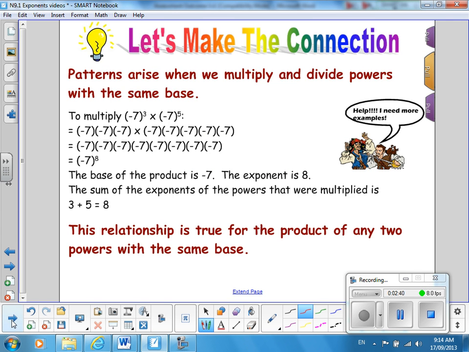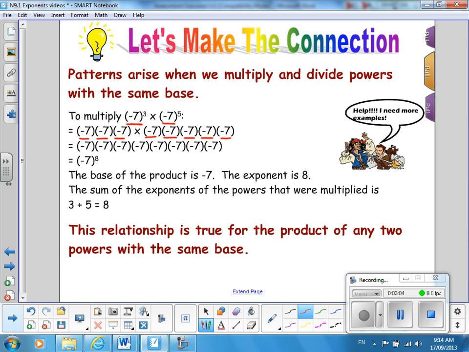Patterns arise when we multiply and divide powers with the same base. So to multiply (-7) to the exponent 3 times (-7) to the exponent 5, let's look and see what happens. (-7) to the exponent 3 means -7 occurs 3 times. (-7) to the exponent 5 means -7 occurs 5 times.